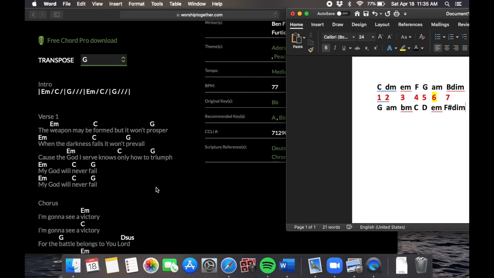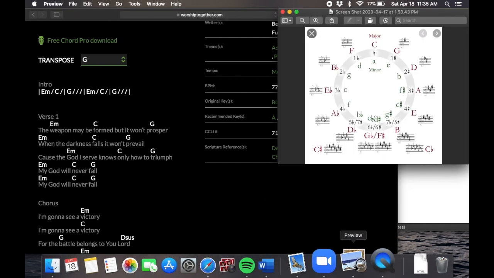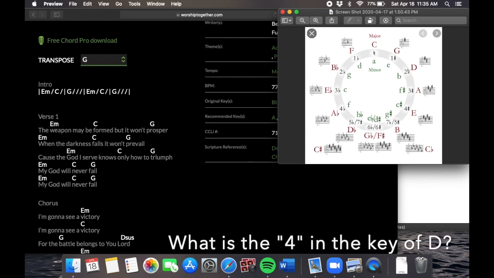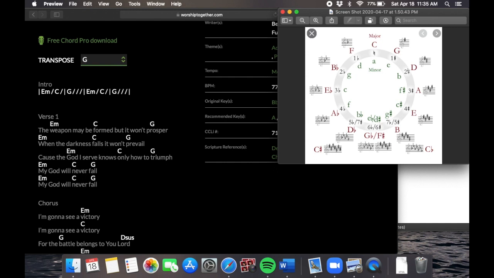Now, when you start practicing this more, obviously you'd have to know your major scales, all of them. That way it's easier to transpose. If I were to say key of D, we start in 4. I automatically know, but that's because I already have that practice. I encourage you to practice them.